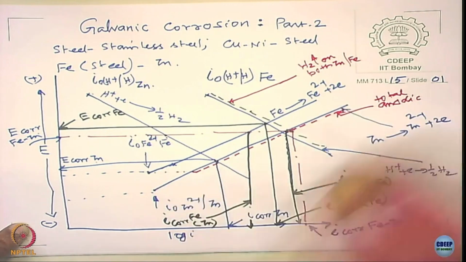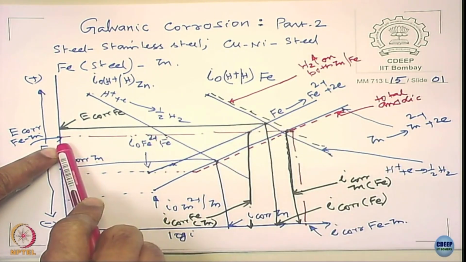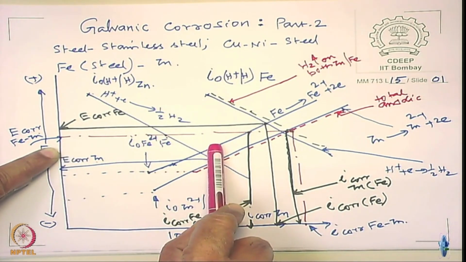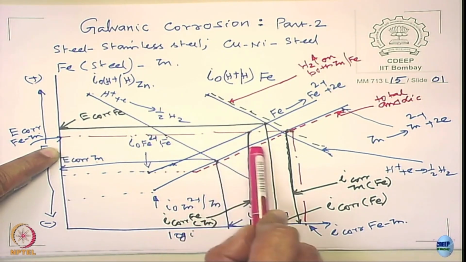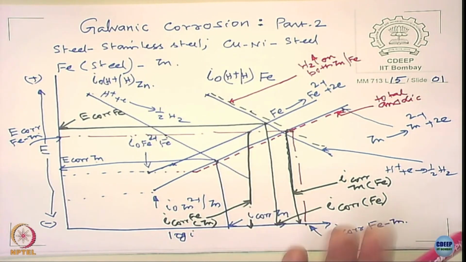Now at this given potential, I know this is the amount of current for iron dissolution, and this is the current for zinc dissolution. That is the total current I am going to get. Suppose I take iron and zinc together and apply the same potential; if I use an ammeter, that is the total current I will get.